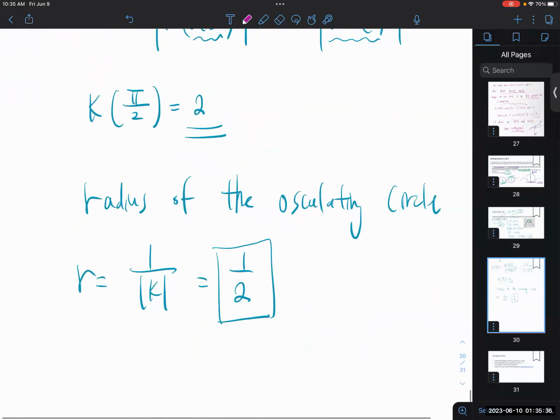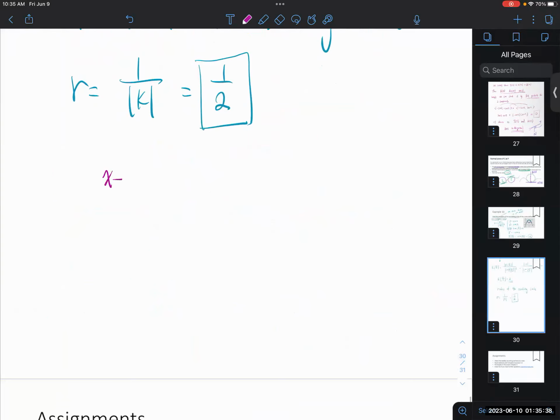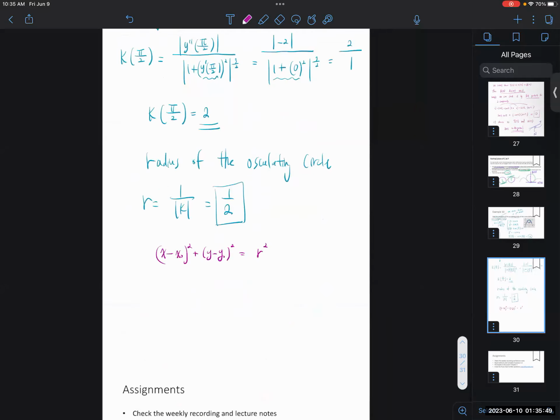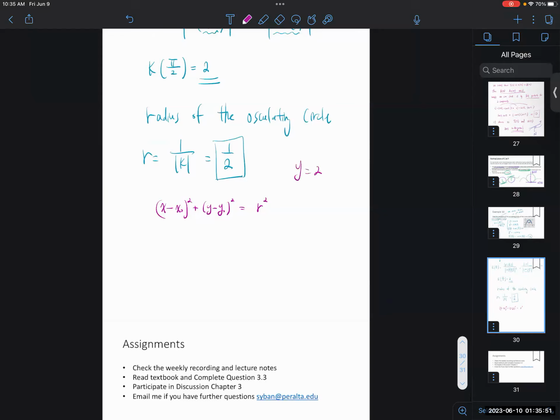I'm going to write it: x minus x0 squared plus y minus y0 squared equals r squared. We have y equals 2 sine x. So if x equals pi over 2, what is y?